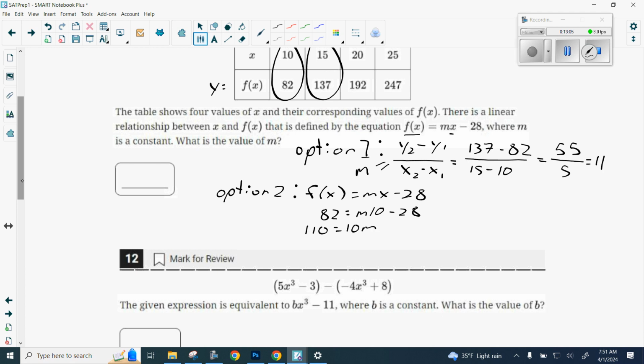We'll call that 10m. I'll divide both sides by 10 and we get that m is 11. So there are 2 different ways to approach that, whichever one you like. I think that option 2 is probably a little more straightforward, requires less memorization. Moving on.